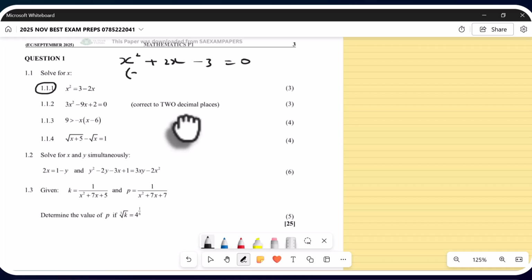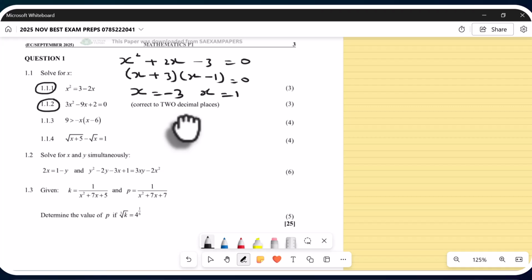Now here we have b squared, negative 9 in brackets squared, minus 4ac, our a is 3 here. What about our c? It is positive, divided by 2a.